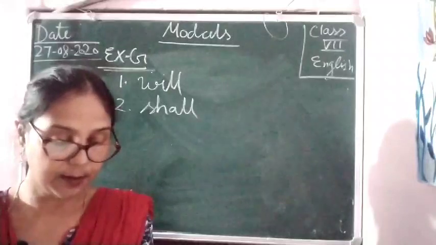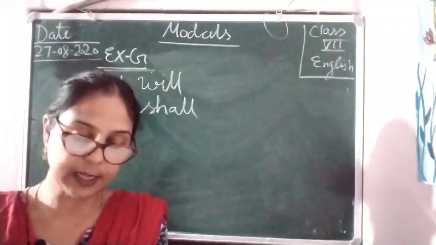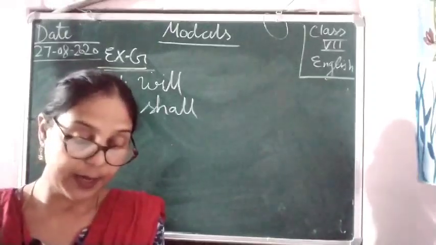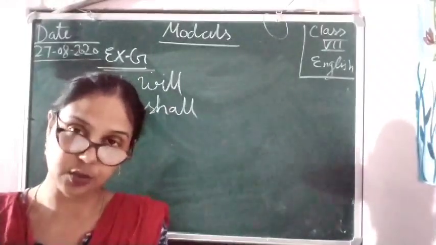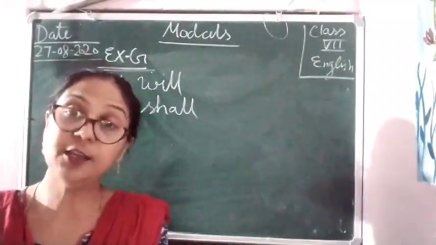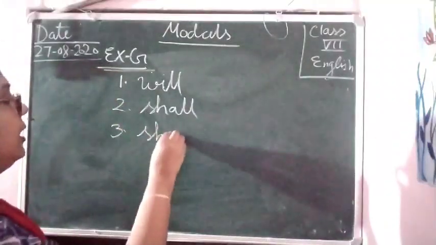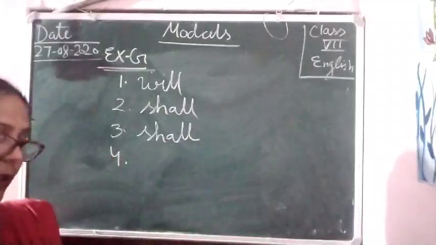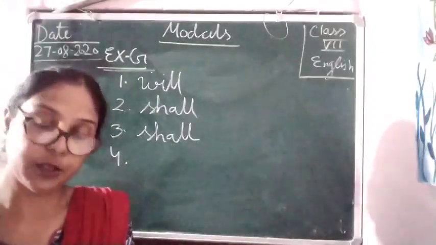Now third, I dash help my friend in getting the new passport issued. I dash help my friend in getting the new passport issued. So here, I shall. In third, I shall help my friend in getting the new passport issued.